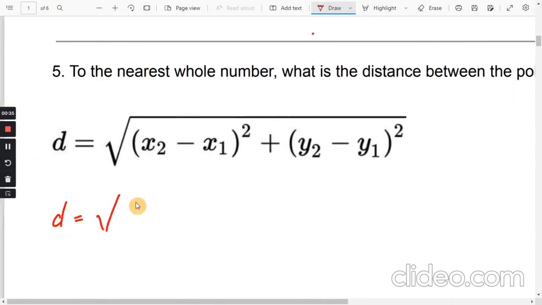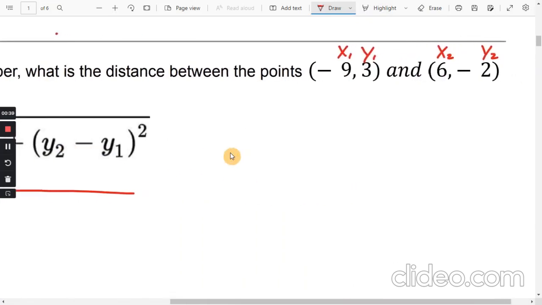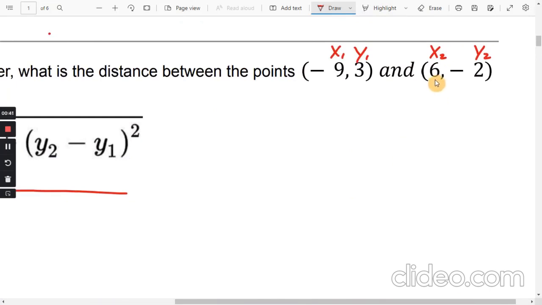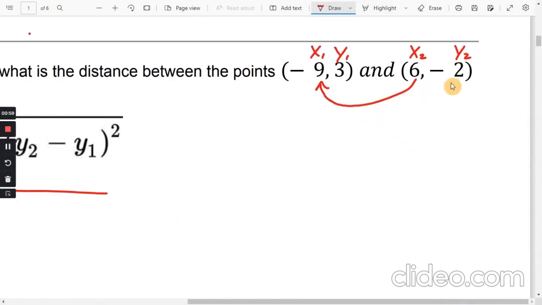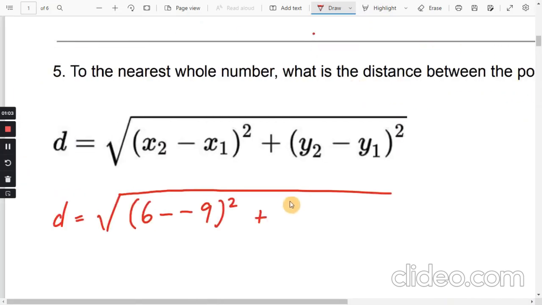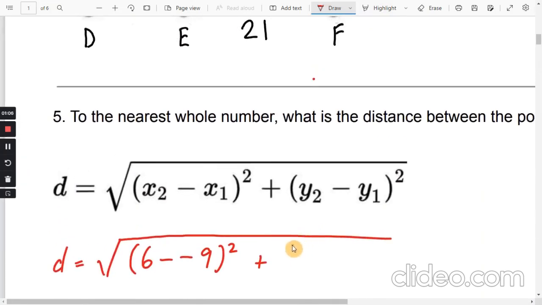So we have the square root, x2 minus x1. That's going to be 6 minus negative 9 inside the parentheses. 6 minus negative 9. And that gets squared. y2 minus y1. That's going to be negative 2 minus 3 inside the parentheses.